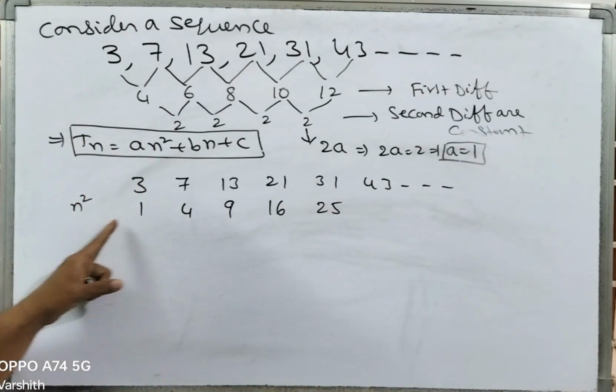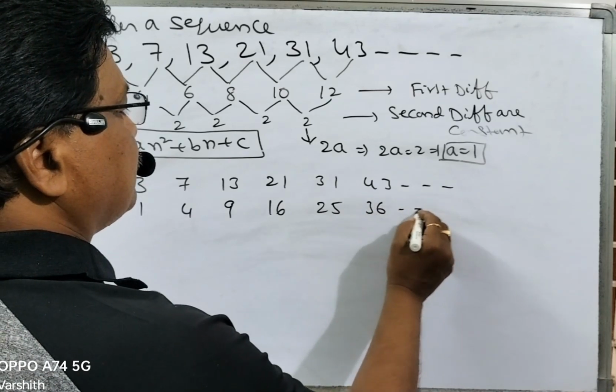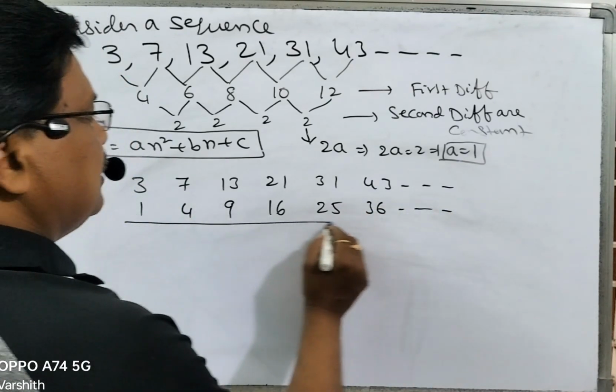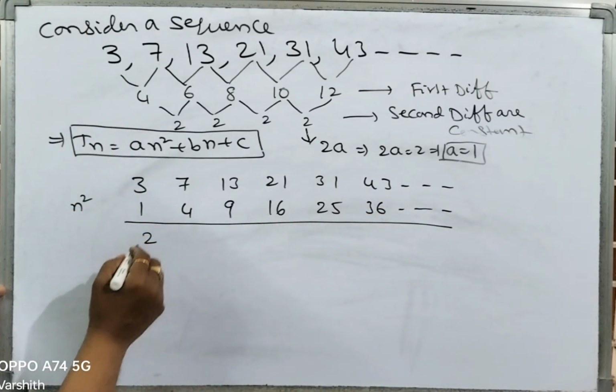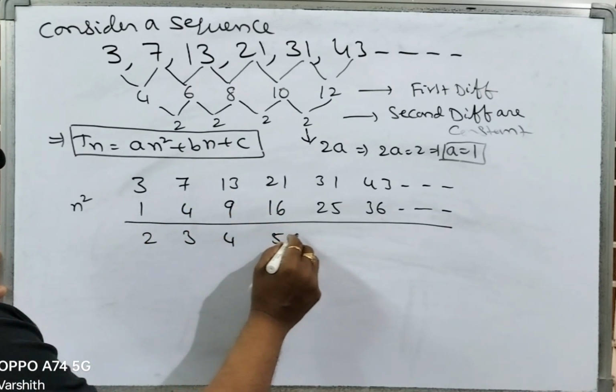So n square values if you write: 1, 4, 9, 16, 25, 36. Now find the differences. 3 minus 1 is 2, 7 minus 4 is 3, 13 minus 9 is 4, then 5, 6.